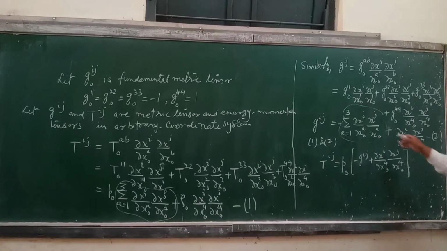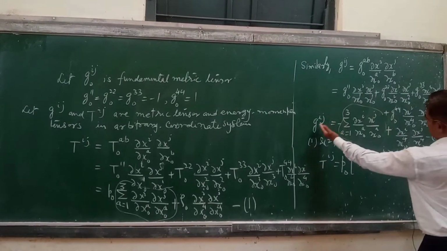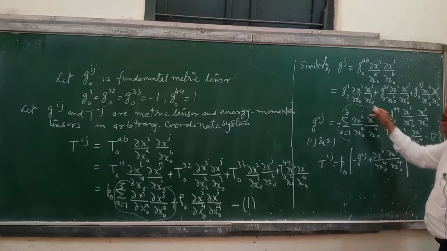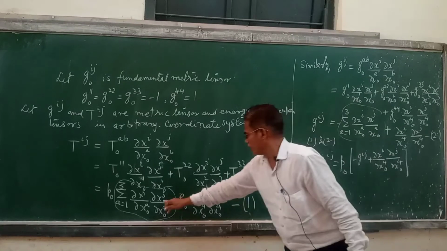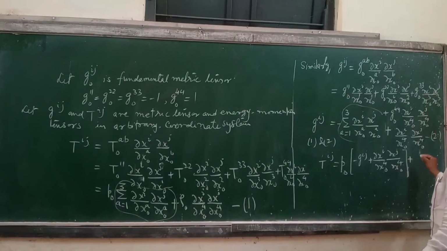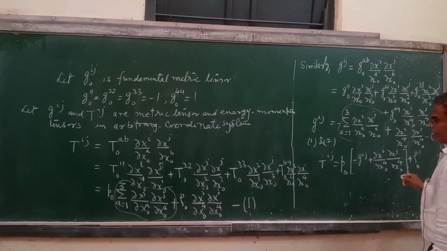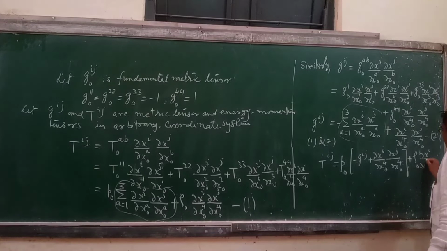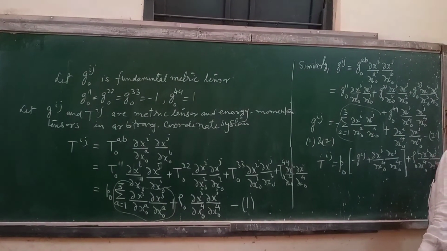Okay, and by substituting this value here, we get plus rho 0 del x I upon del x 4 0 del x j upon del x 4 0.